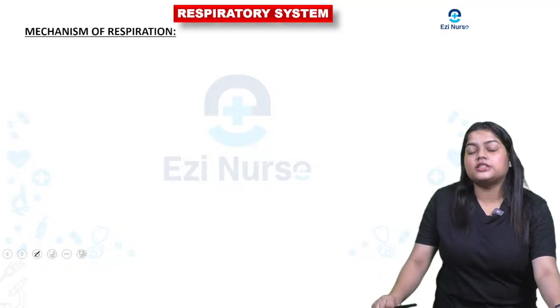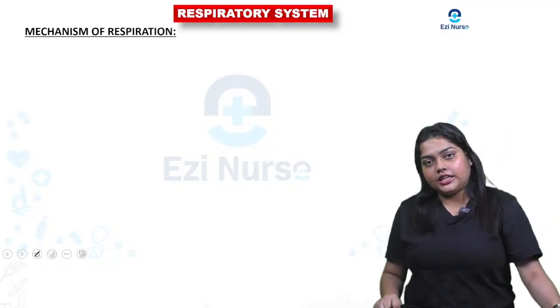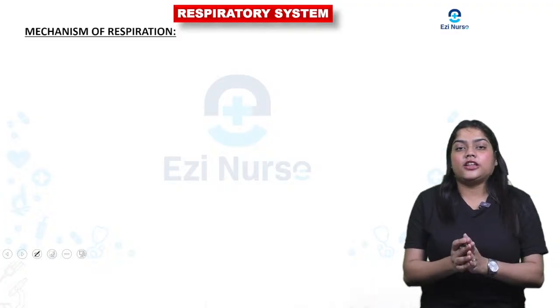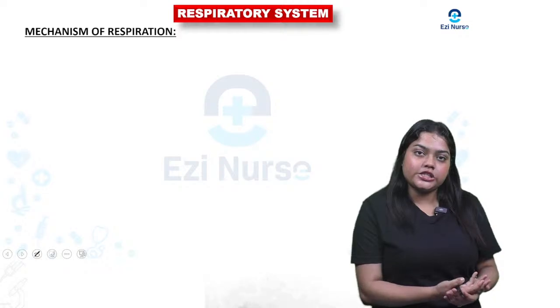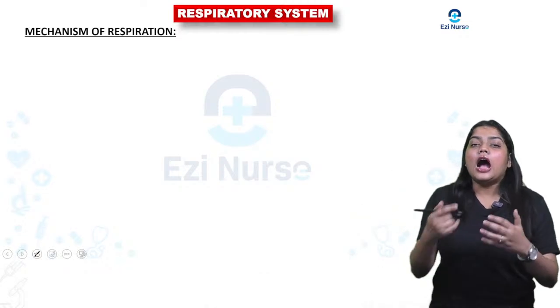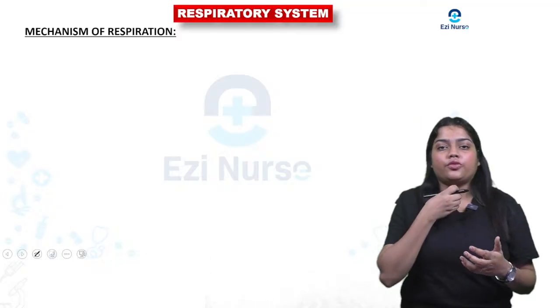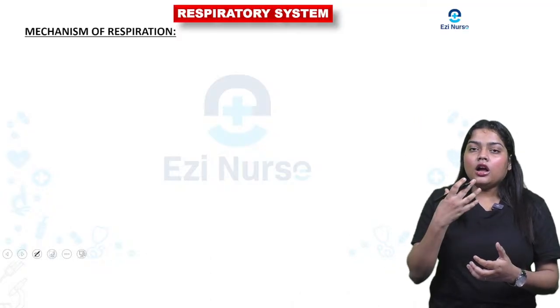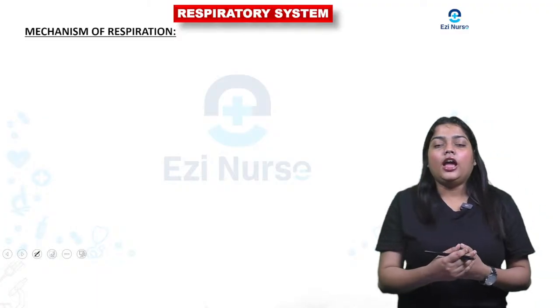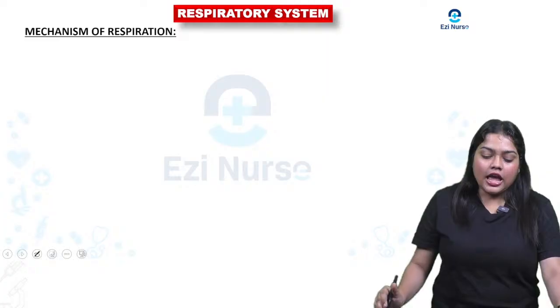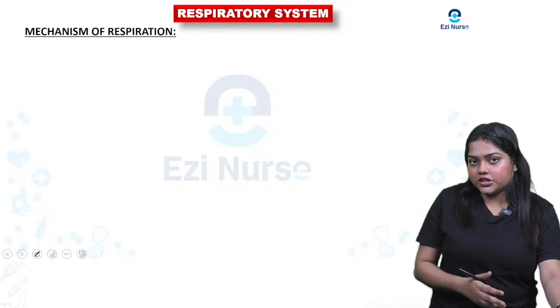Come to the respiratory system. The main organ of the respiratory system is the lung, but it includes two parts, the upper respiratory tract and the lower respiratory tract.